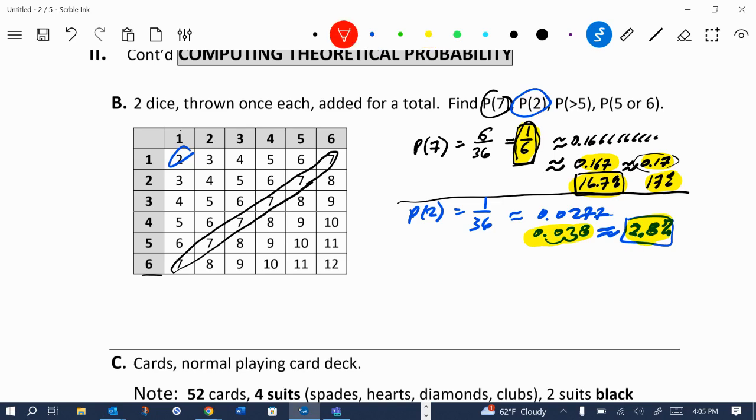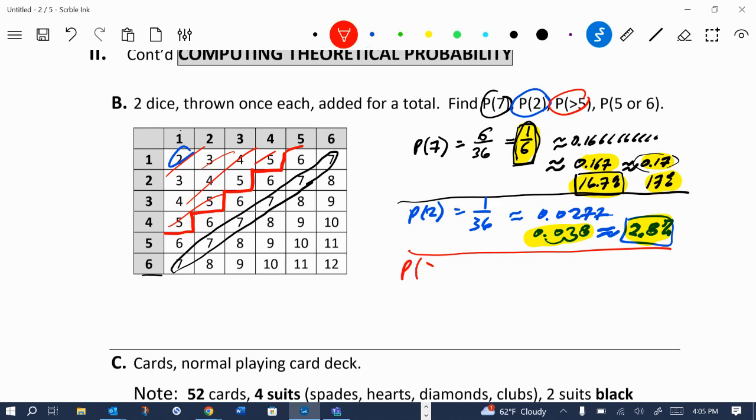Now, let's take a look at this one, greater than 5. So greater than 5, well, let's put this line here. All the things here are 5 or less. Greater than 5 are all the other ones. So what that is, all of those that are greater than 5, there are 26 of them, okay, in red here.